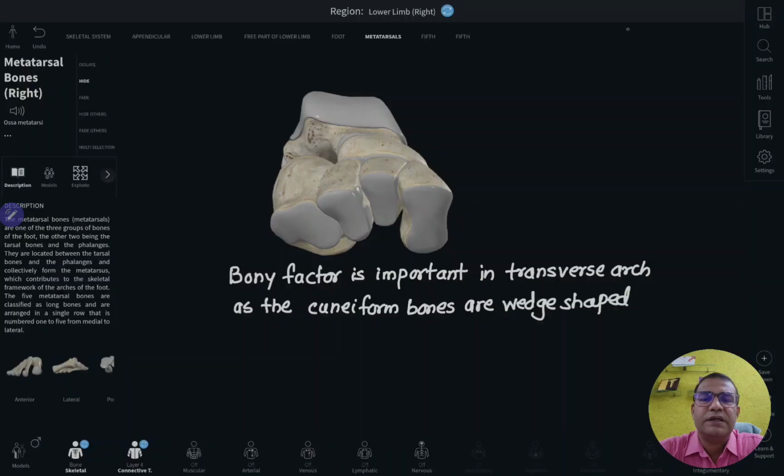Bony factor is important in case of the transverse arch. We have already seen, because the cuneiform bones are wedge shaped with a broad base which is directed dorsally, and the apex is directed towards the plantar surface.